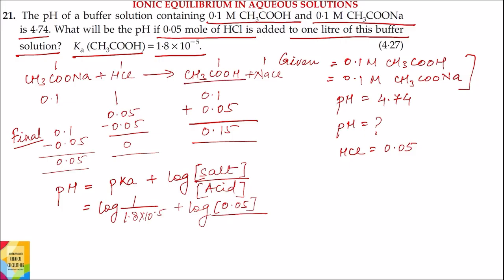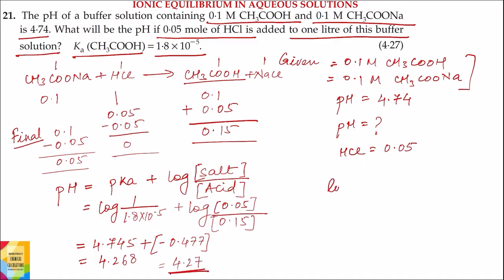The acid is acetic acid, so its concentration is 0.15. The pKa value is 4.745, plus log of 0.05 divided by 0.15, which is equal to minus 0.477. Solving, the value of pH is 4.268, and this is approximately equal to 4.27. So 4.27 is the pH.